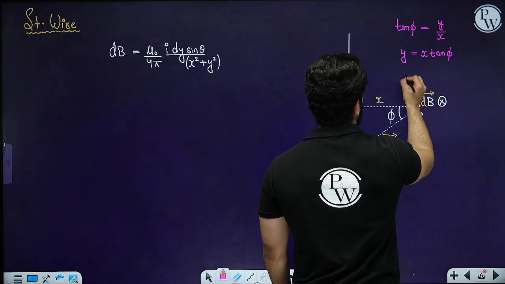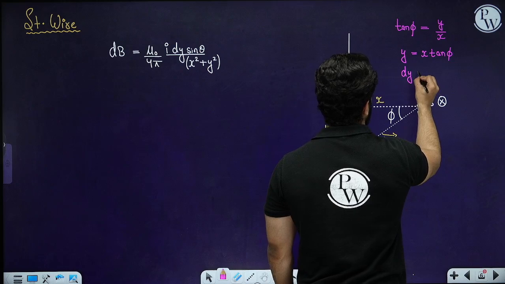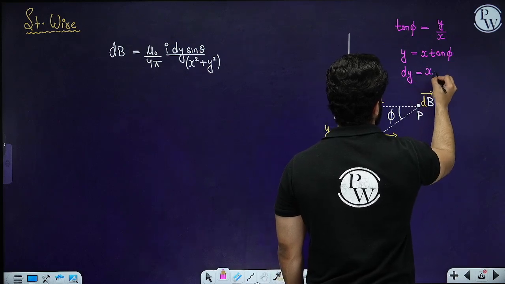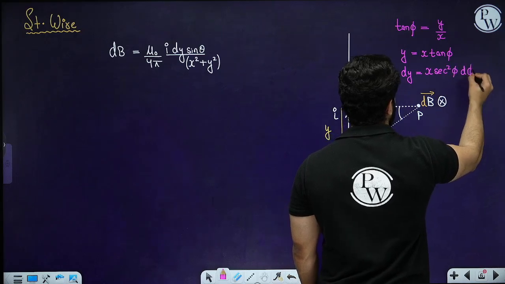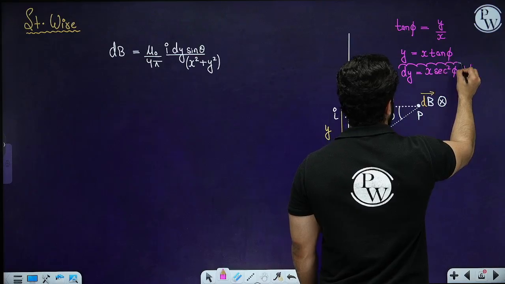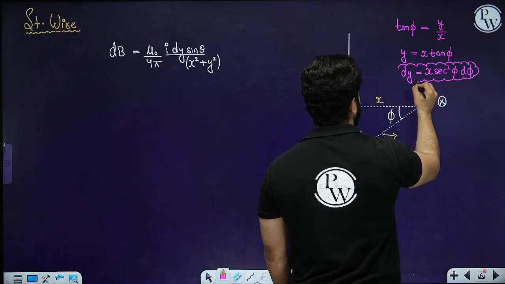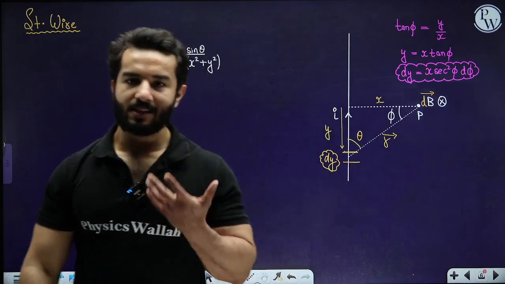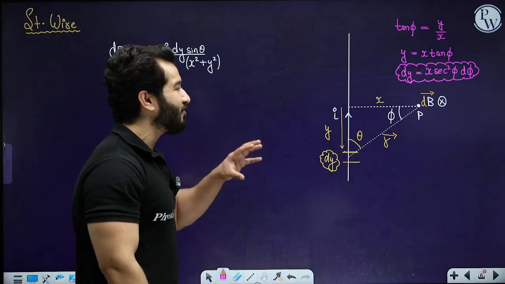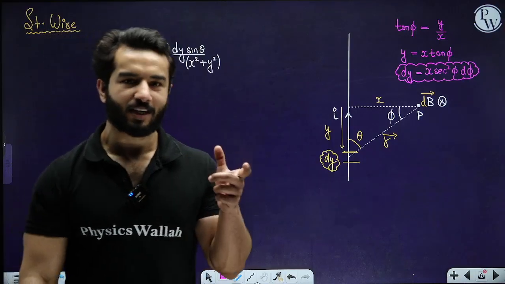If I differentiate it, it will become x into sec square phi into d phi. Please see, this is the point where you can actually leave this derivation. They will not ask derivation in NEET exam, but if you solve these derivations, you will get to know why we actually try to differentiate a certain thing.